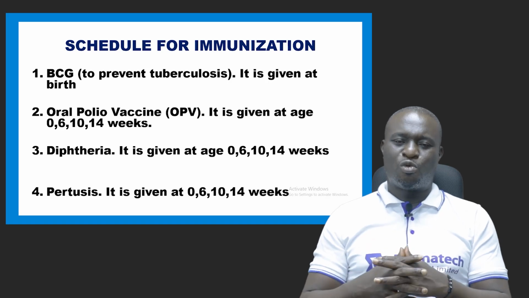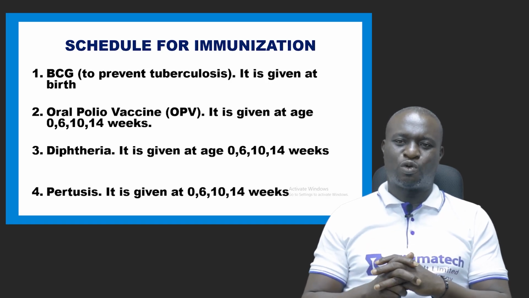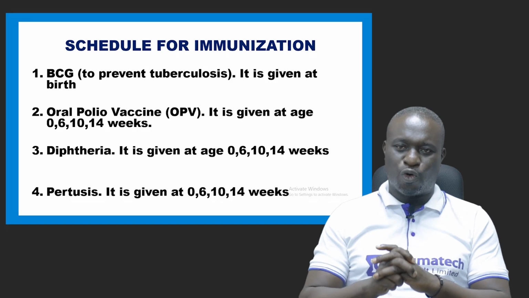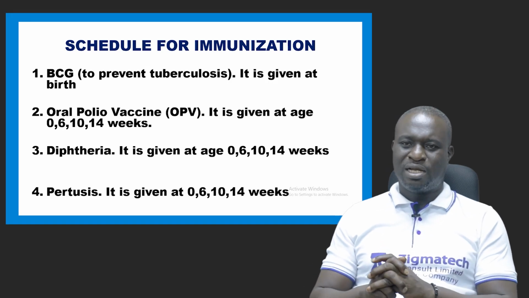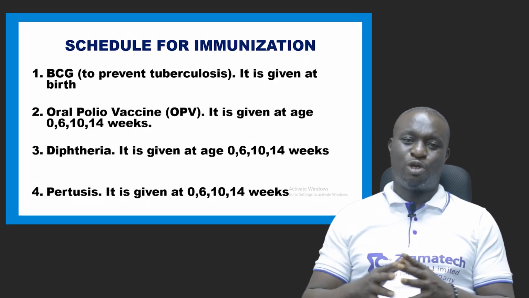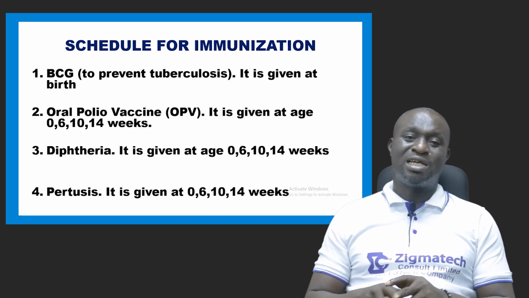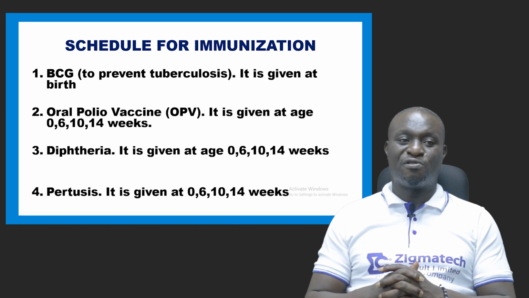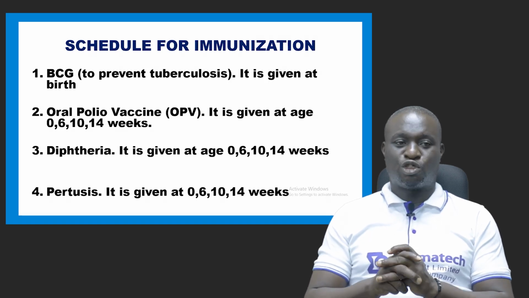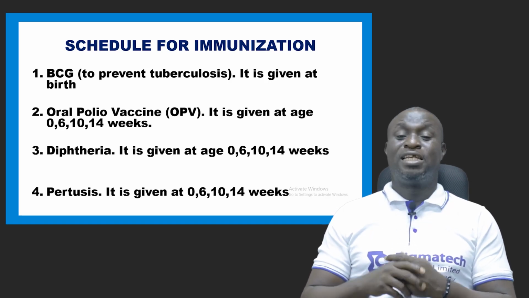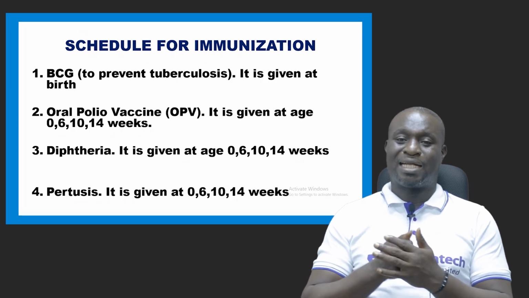Now, quickly before we call it a wrap-up on this particular class, let's look at a schedule for immunization. There are several types of immunizations. One of them is the BCG. The BCG is used to prevent tuberculosis. It is mostly given to children at birth.